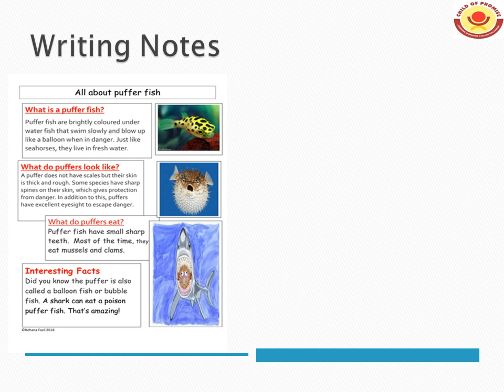The next paragraph. What do puffers look like? A puffer does not have scales, but their skin is thick and rough. Some species have sharp spines on their skin, which gives protection from danger. In addition to this, puffers have excellent eyesight to escape danger.